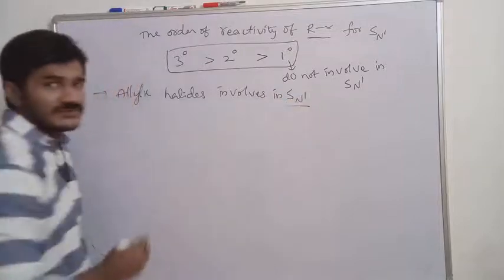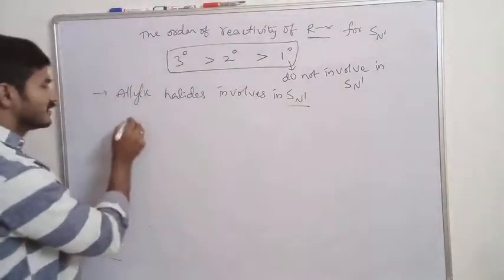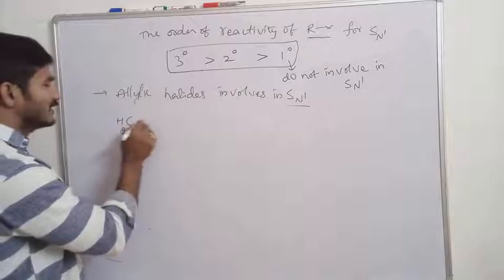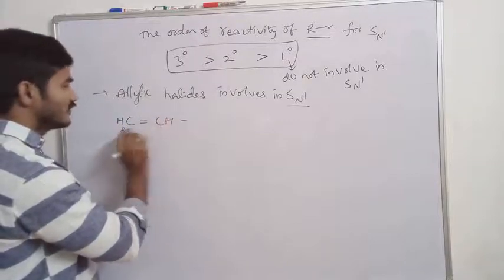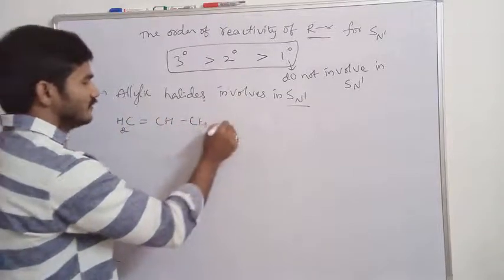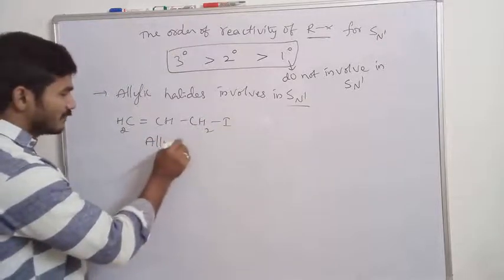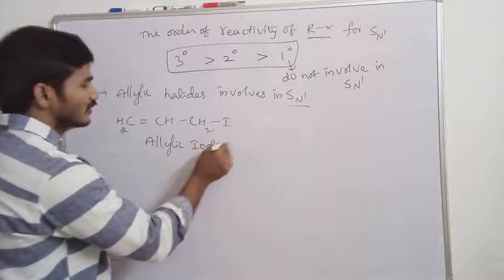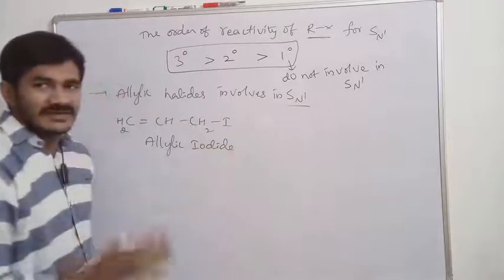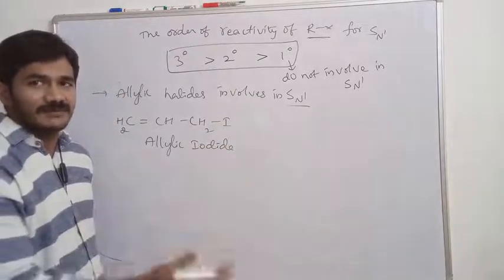Why are allylic halides involved in SN1 mechanism? Let us see. I will take one example. Allylic CH3 CH2 double bond CH CH2 iodine. This is allylic iodide. As we know, in the SN1 mechanism, the first step is the formation of carbocation.